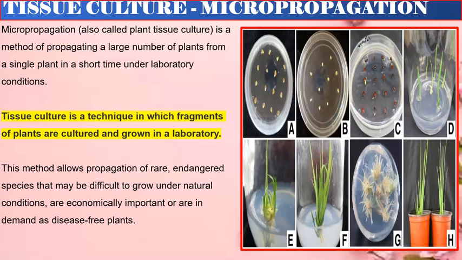Tissue culture is a technique in which fragments of plants are cultured and grown in a laboratory. This method allows propagation of rare, endangered species that may be difficult to grow under natural conditions and are economically important or are in demand as disease-free plants.